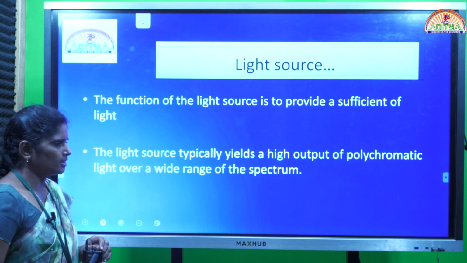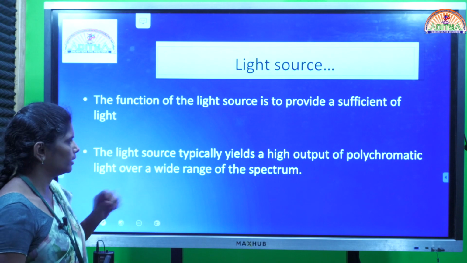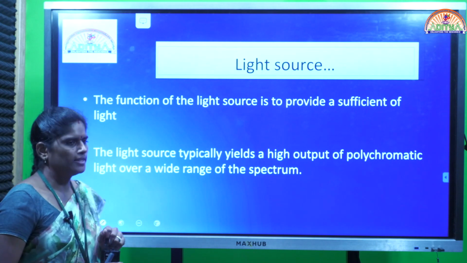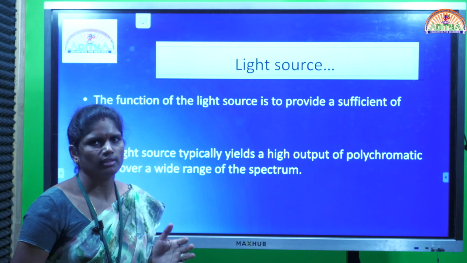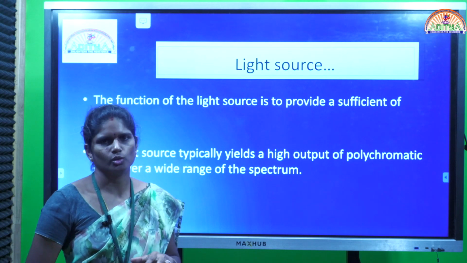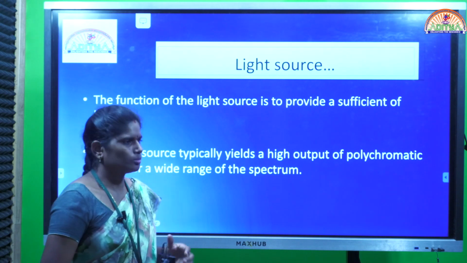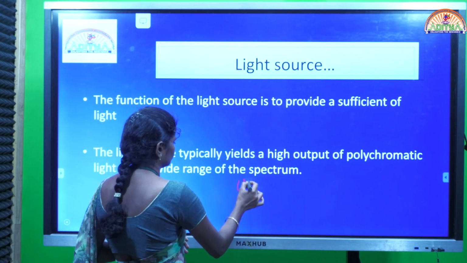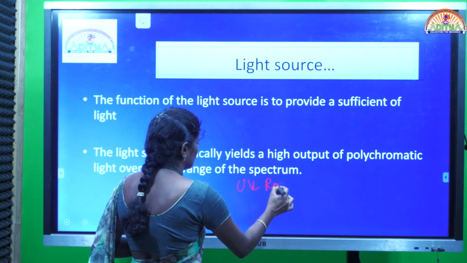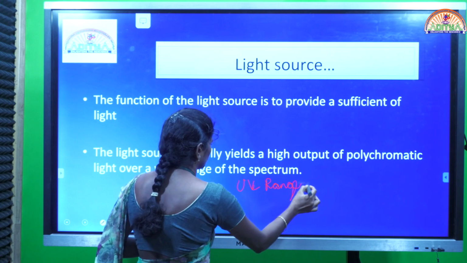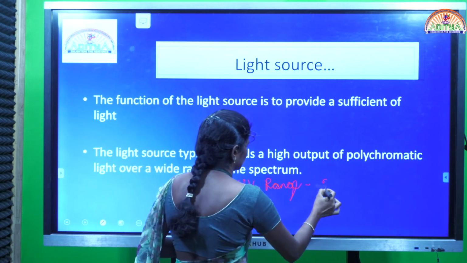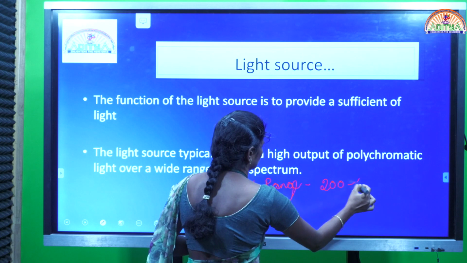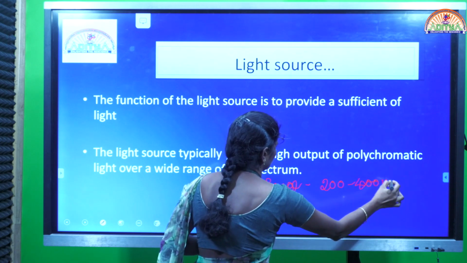The light obtained from the source should be a polychromatic radiation which contains all the wavelengths of the entire range of the selected radiation. Suppose we are choosing the UV range, then the light source should be able to provide wavelengths between 200 to 400 nanometers.